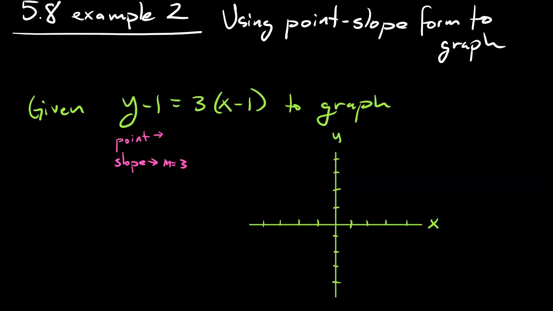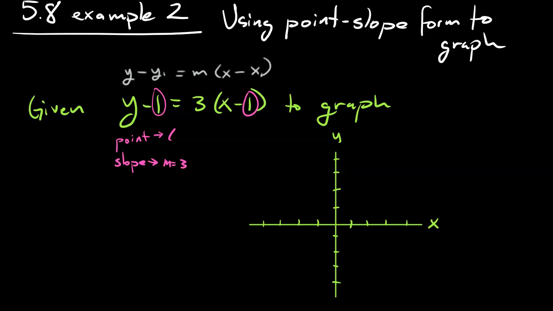So this was the hard part. Remember that the way point slope form is written, it's supposed to be y minus y1. So the formula has a minus in it, so the number itself is actually just 1.